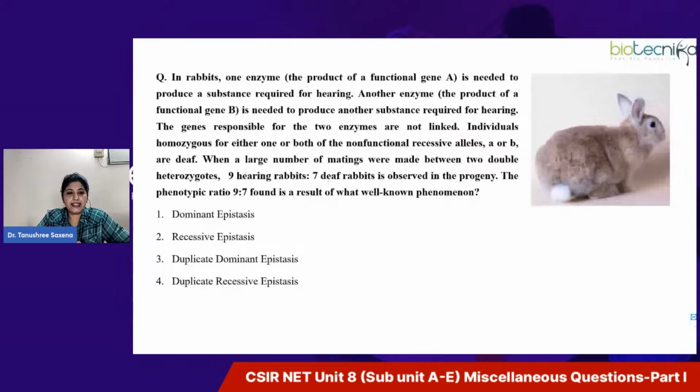So the question is that in rabbits, one enzyme, the product of functional gene A, is needed to produce a substance required for hearing. Another enzyme is the product of gene B. So there is a gene A and its product is required to produce a substance for hearing. Similarly, there is another enzyme which is encoded by the gene B, and it is also needed to produce another substance required for hearing.